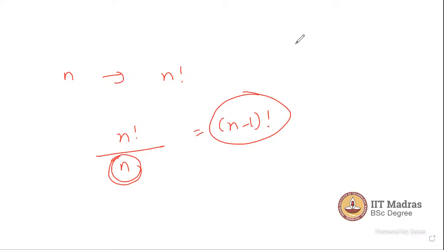N people arranged will result in n minus 1 factorial ways, whereas it will be n factorial in case of linear arrangement. Okay, so the difference between circular and linear is n, is it? A ratio of them, I think, not difference. Okay, the ratio is n.